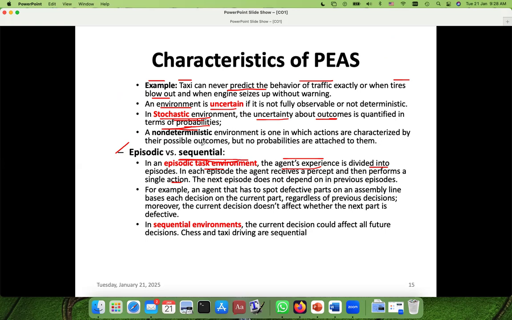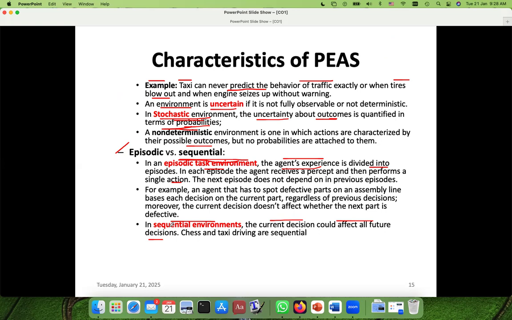And now sequential. In a sequential environment, the current decision or the current state could affect all future decisions. So a sequential environment is the opposite of episodic.